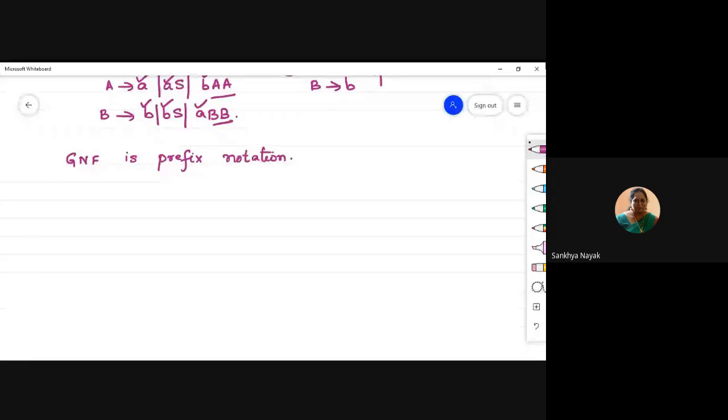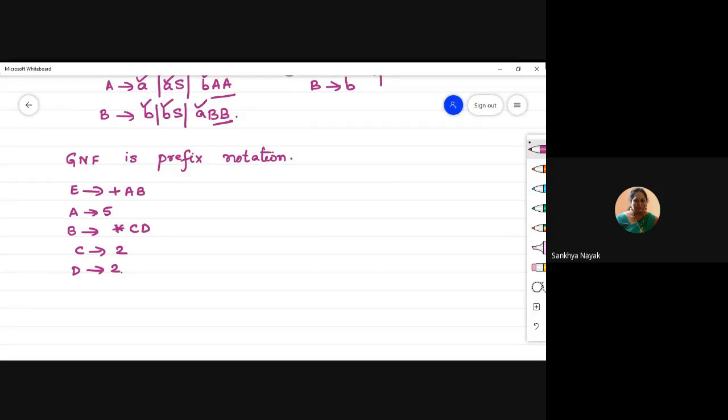Now let me write a grammar in Greibach normal form. So let us take it like this. And I also told you that in each step, one terminal symbol is generated. So if I start from here, E derives plus AB.